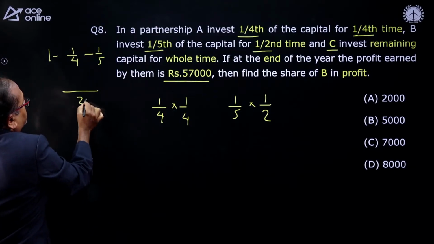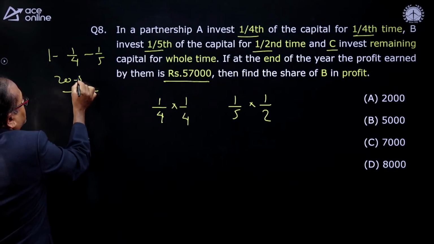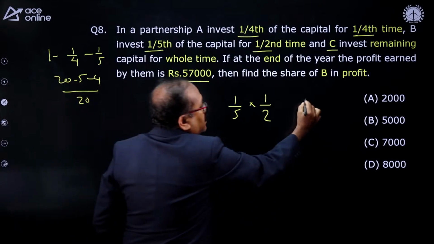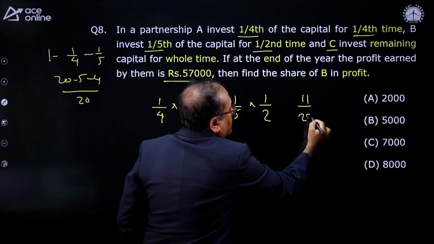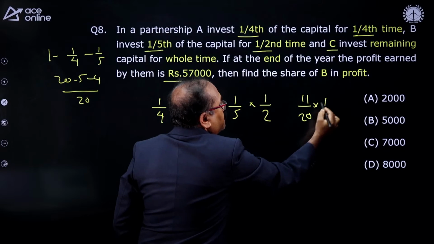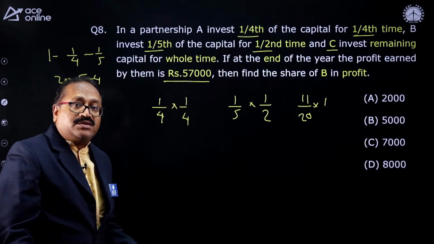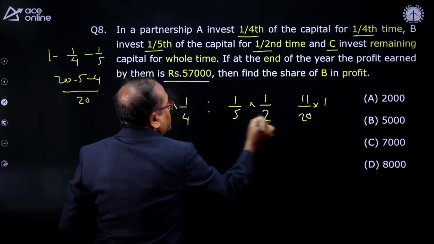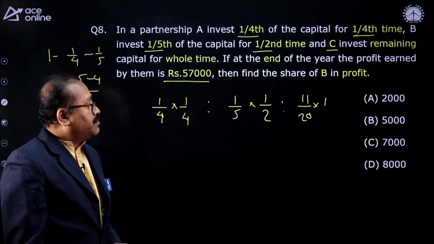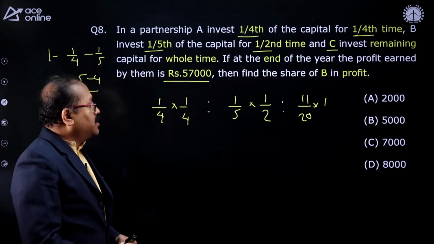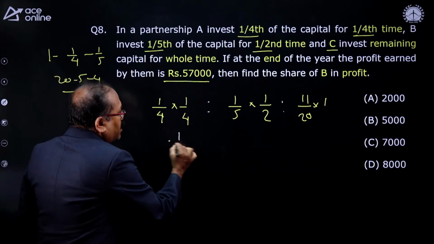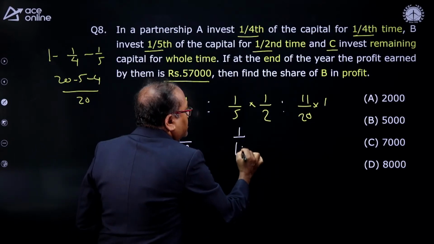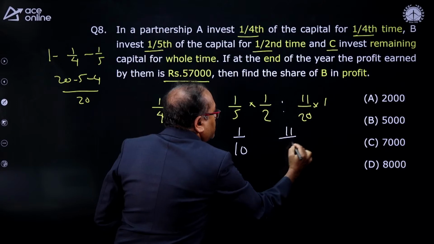The LCM is 20, so 20 minus 5 minus 4 is 11/20. So for C it is left 11/20, and for how many months? The entire period, that is 1. So this will give us the ratio of their profit. So what it comes to, 1/4 times 1/5 is 1/16, here it is 1/10, and here it is 11/20.